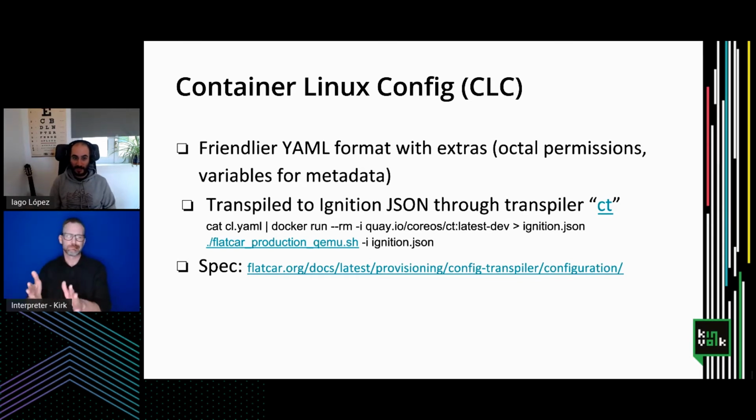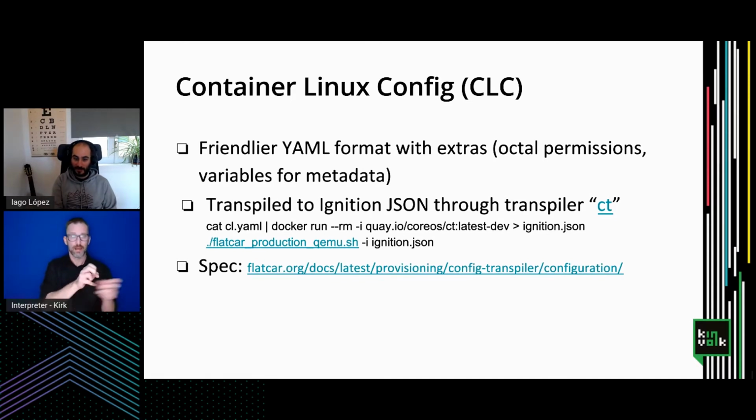And it also adds some extras to make your life easier. Like you don't have to define permissions in decimal, which is not the way you usually define permissions on Linux, and a bunch of other things. From this Container Linux Config, you run it through a transpiler and convert that to the JSON that actually will get shipped to the machine.